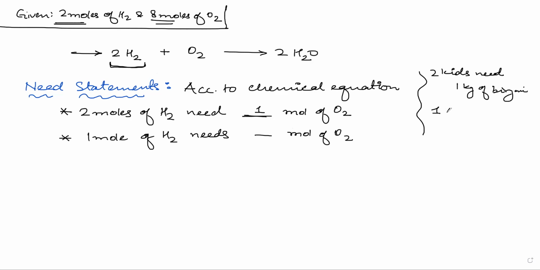Then 1 kid will need how many kgs of biryani? 0.5, na? So 1 by 2, right? Similarly, here also 2 moles of H2 needs 1 mole of O2, and 1 mole of H2 will need half moles of O2. First statement you will write according to the chemical equation.